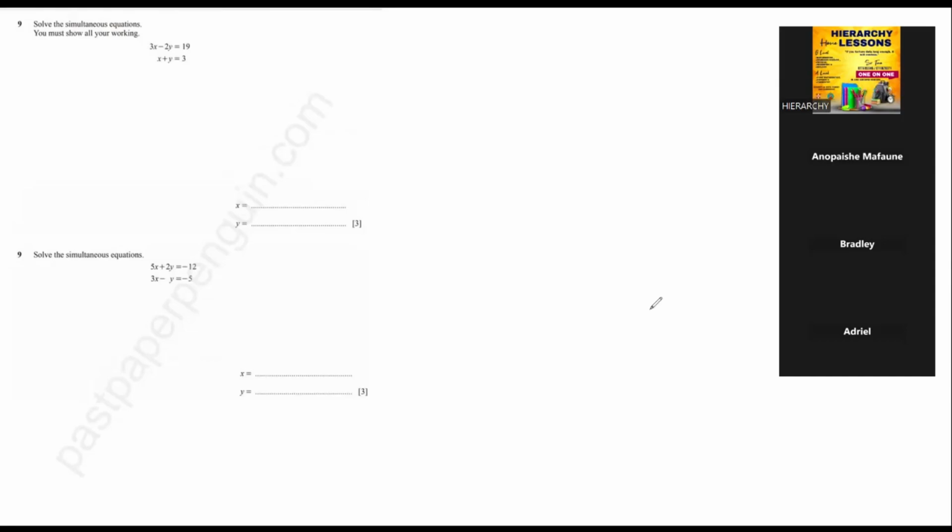From the first one we have 3x minus 2y which is equal to 19. Then x plus y which is equal to 3.